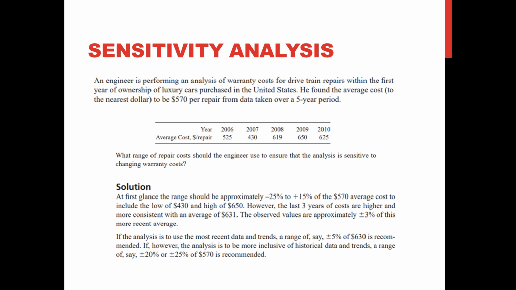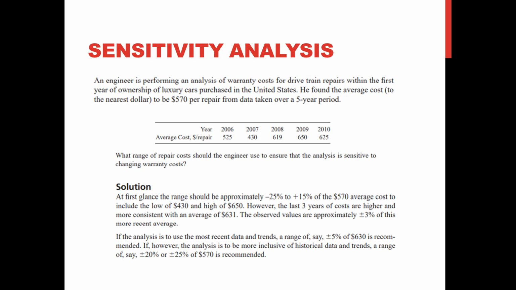So that is at negative 25% fluctuation. Okay? Similarly, we will get here the largest value, 650 minus 570 divided by 570. That will be the positive 15%.